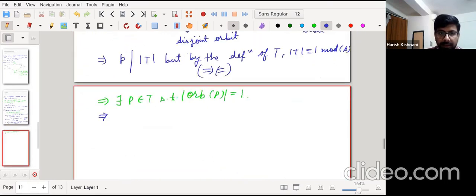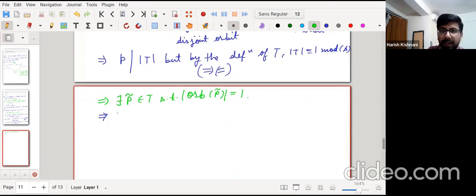To distinguish it from our usual notation, I'm writing it differently, because now this P is specific, maybe P delta.